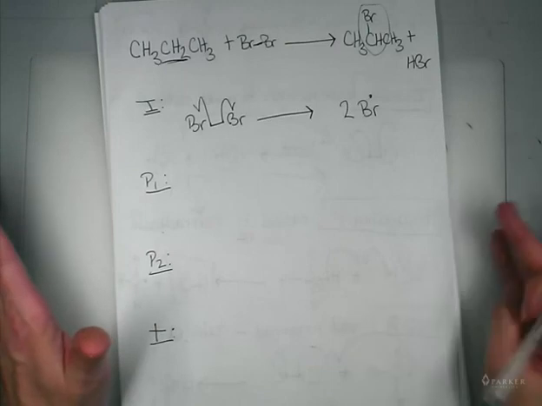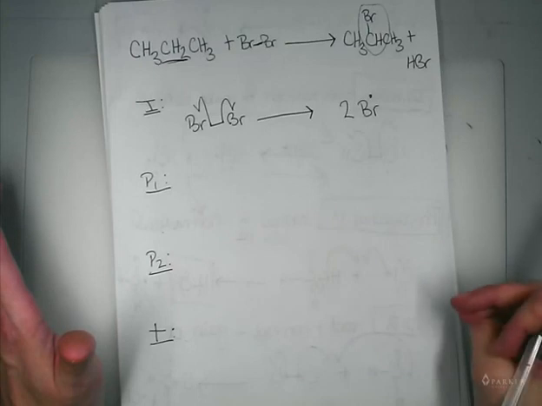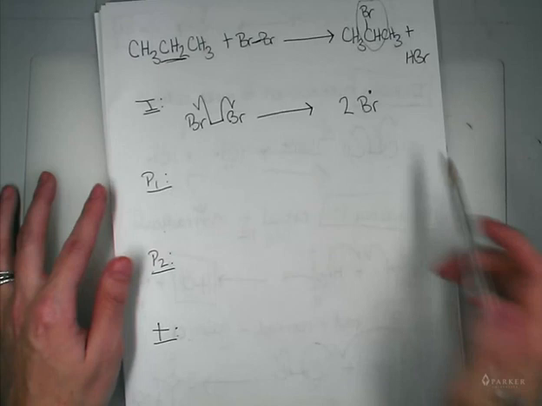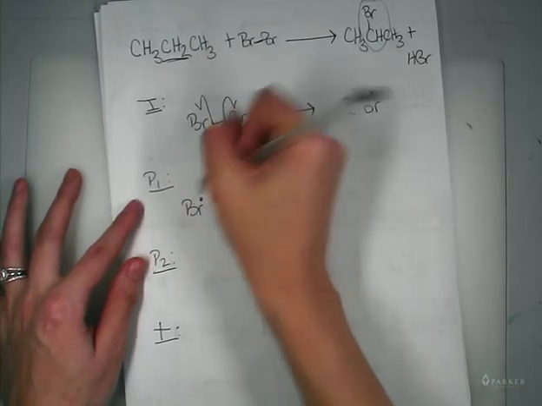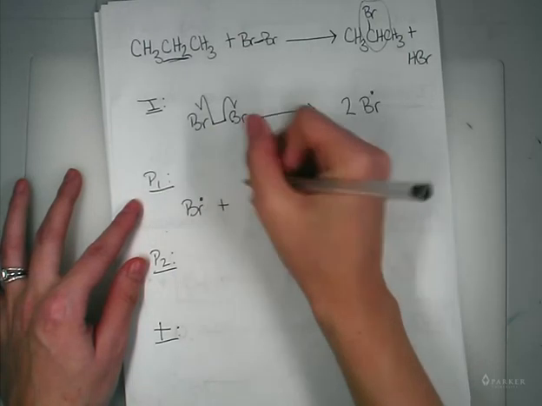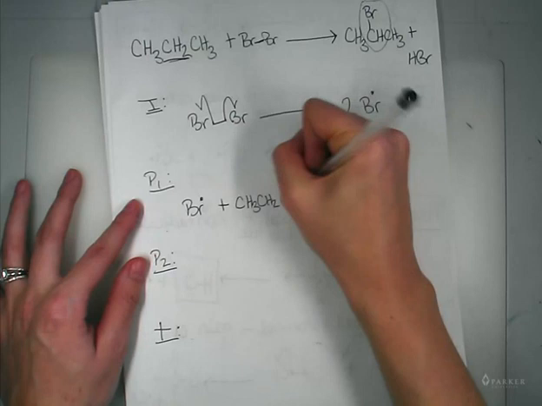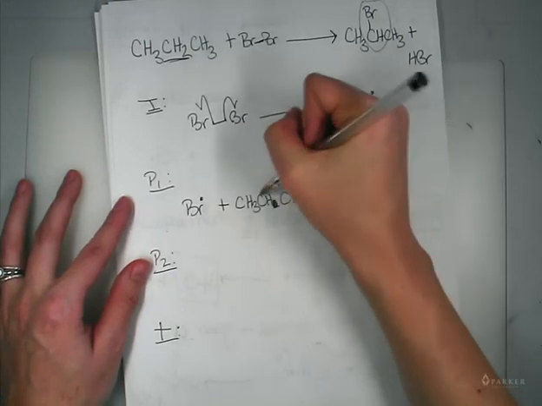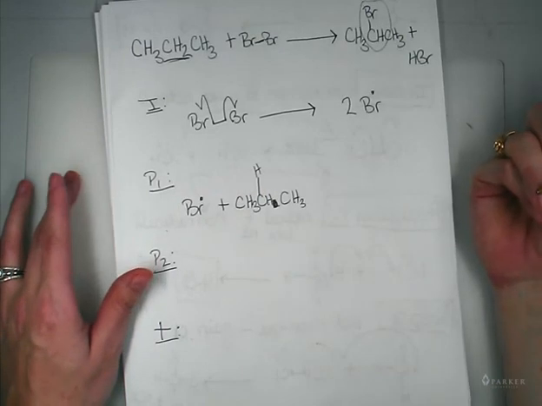Propagation. So propagation is between what? A radical and a non-radical. So we're going to use bromine radical plus our propane. And then let me actually do this. Make one of them into a bond.